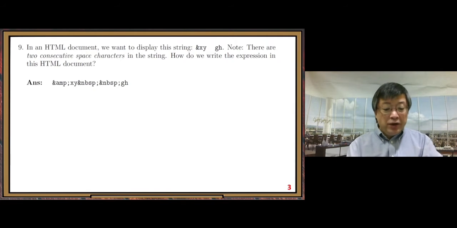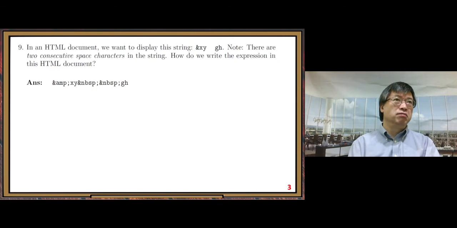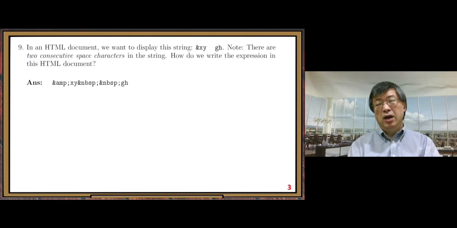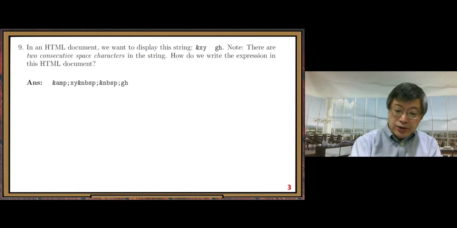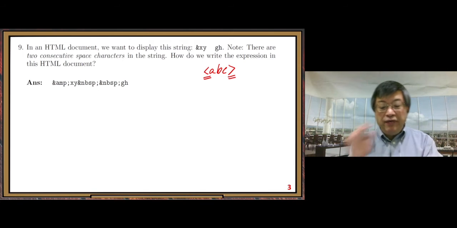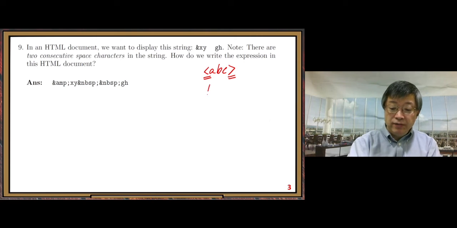This one, so many students missed this question. Remember, we had a similar question in our homework number 1, ABC. Less than, greater than, these 2 symbols are very special. So you need to use HTML entity to write it.